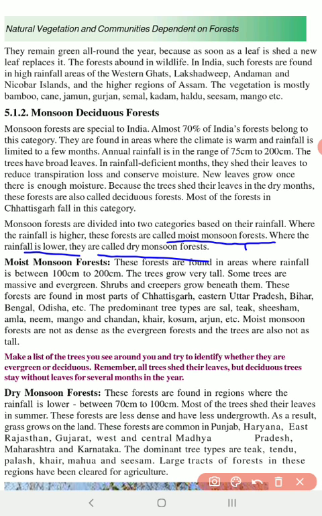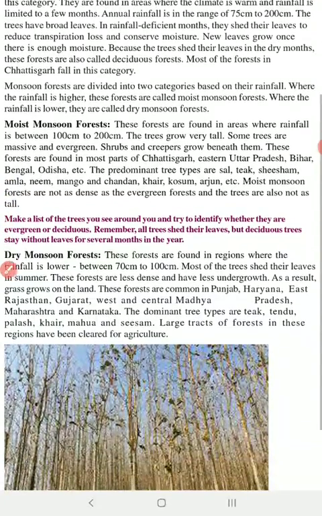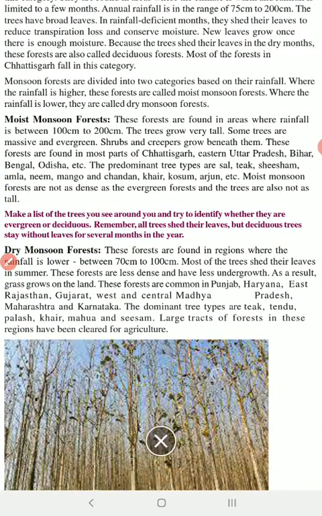Mostly Chhattisgarh comes under the moist monsoon forest. The dry monsoon forests are usually found in parts of MP, Maharashtra, Gujarat and Rajasthan. So there we find the dry monsoon. We will study both moist monsoon forest and dry monsoon forest.